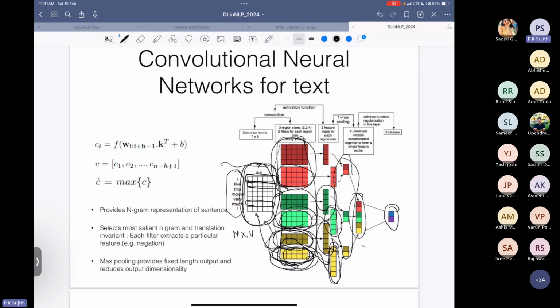But that depends upon the number of filters that you're using, right? Yeah, that is true, but each feature map would always be a v-dimensional feature map, is it? Because if you're doing a one-dimensional max pooling, probably the number of rows would reduce, but the number of columns would always stay constant.